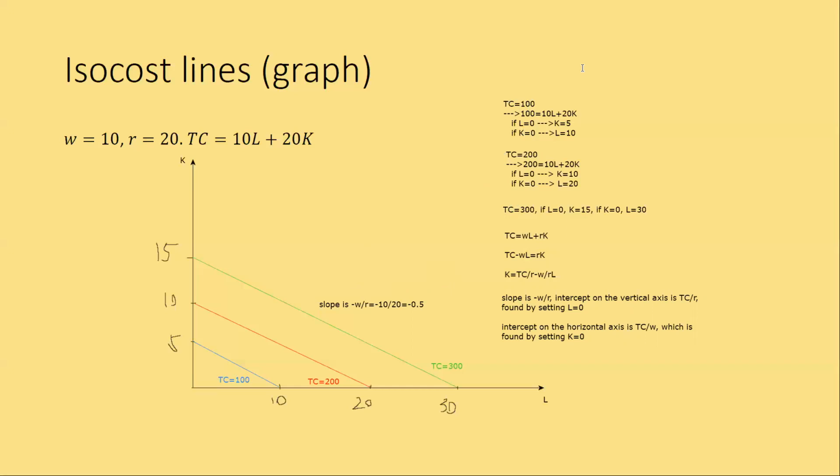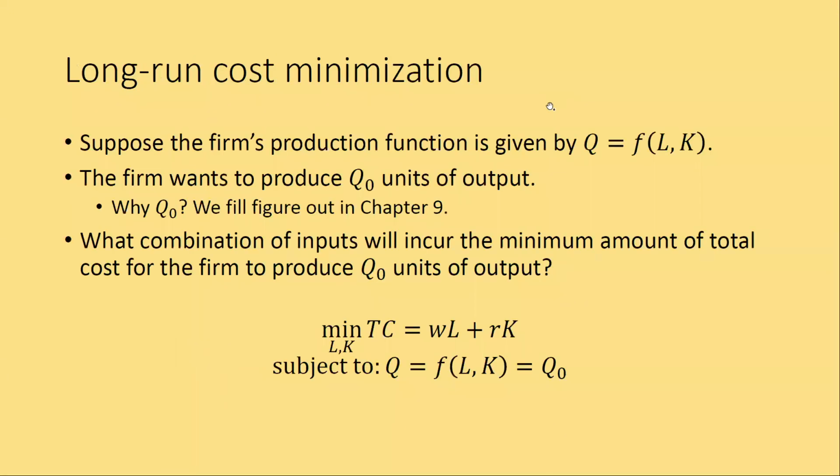All right. So after defining the isocost line, we are ready to first define the long-run cost minimization problem, and later on we will solve it. So let's suppose the firm's production function is given and it's fixed by some function, and the firm wants to produce Q0, and we call the Q0 the target level of output.